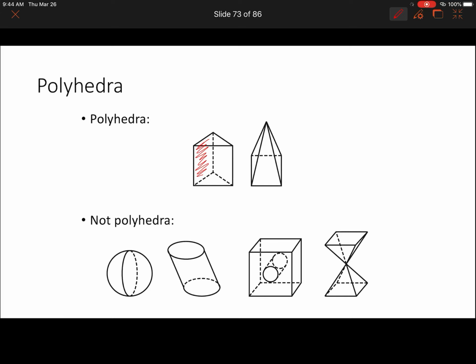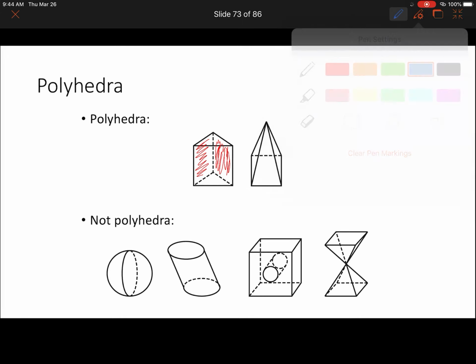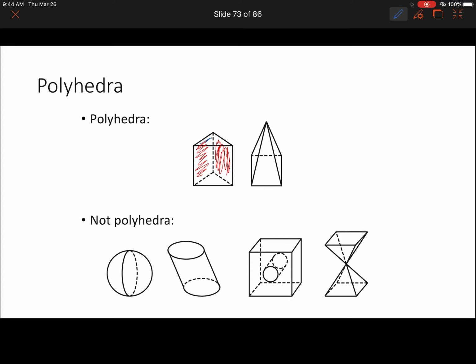So for example, that rectangle would be a side of this polyhedron. It is a face. We refer to it as a face. You have another face on this back part, this back rectangle. It is also a polygon.